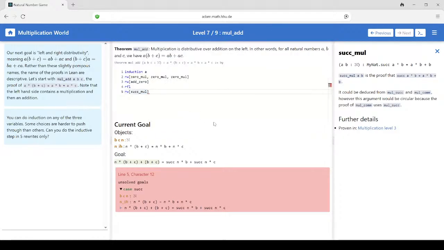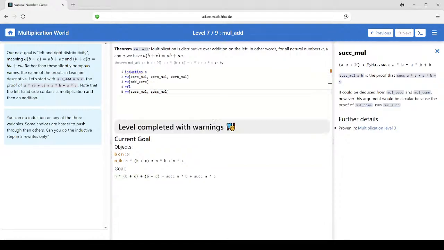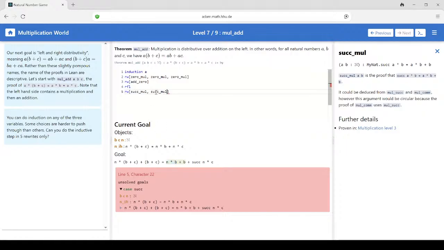Can I do it again? Oh, hang on. Let's leave that for now.